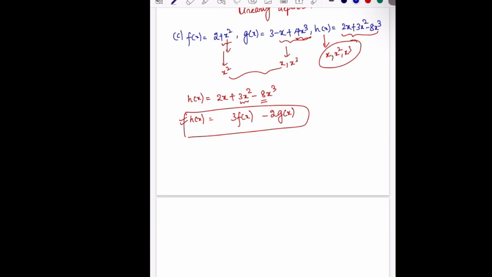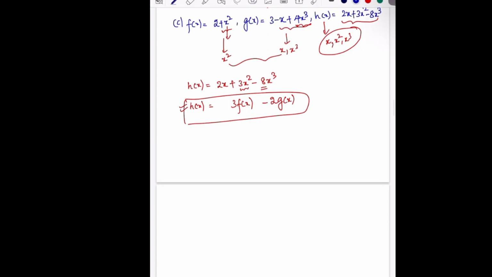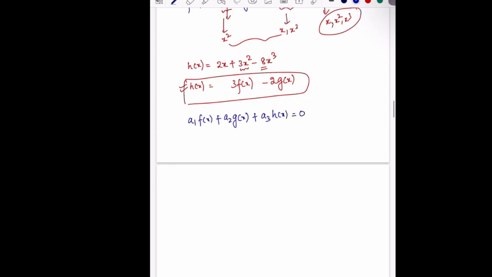Now let me solve using the normal procedure. For that you have to take a1 f of x plus a2 g of x plus a3 h of x, which is equal to 0. If you are not able to check whether the linear combination is happening or not, then check this condition.